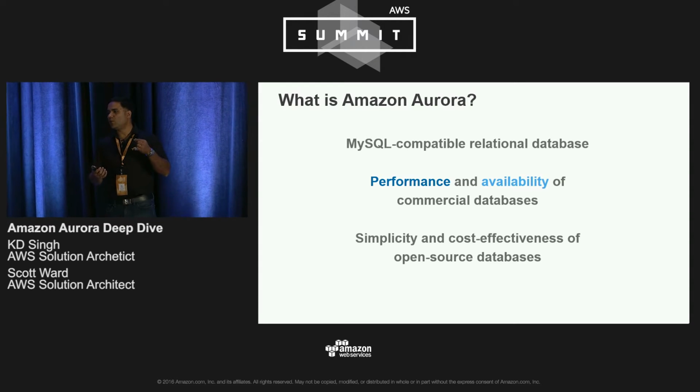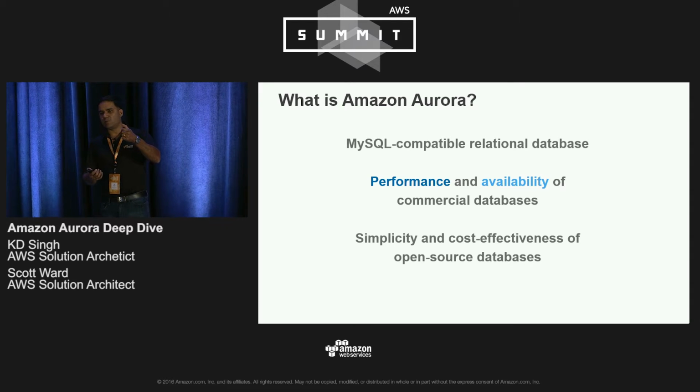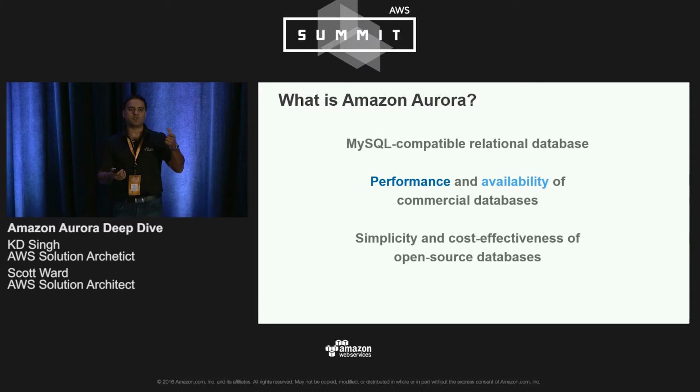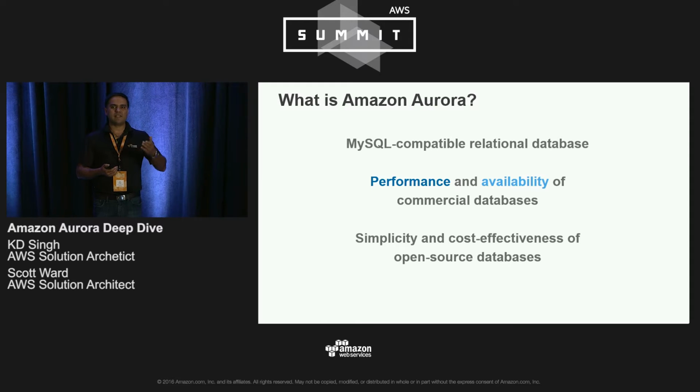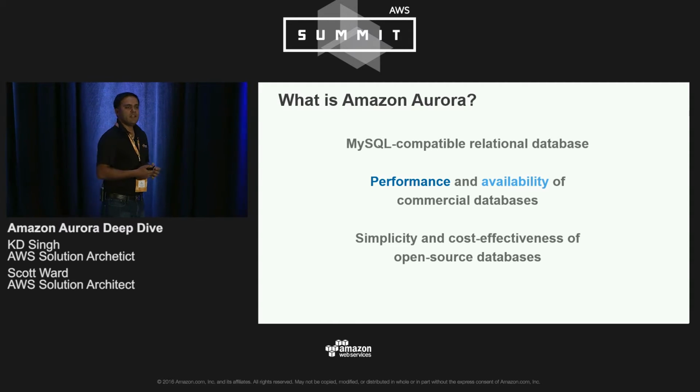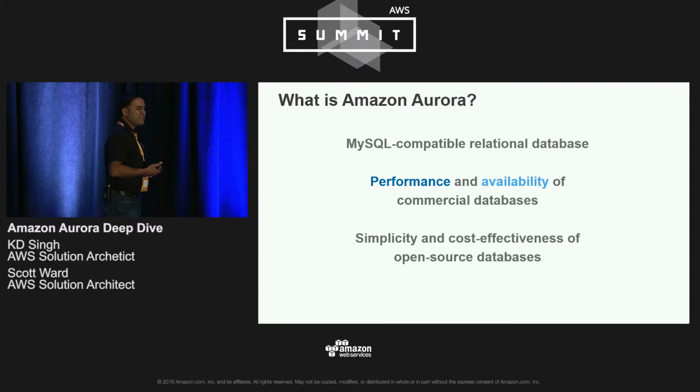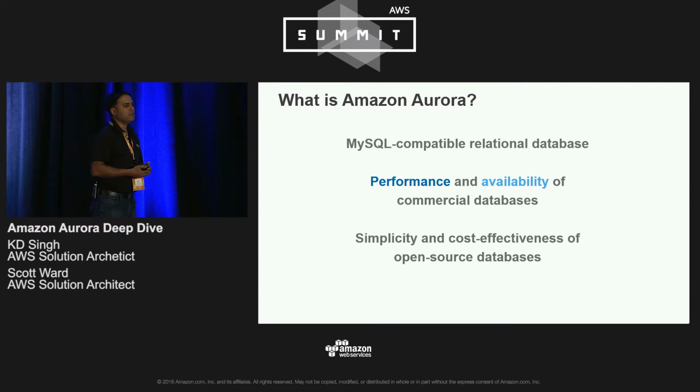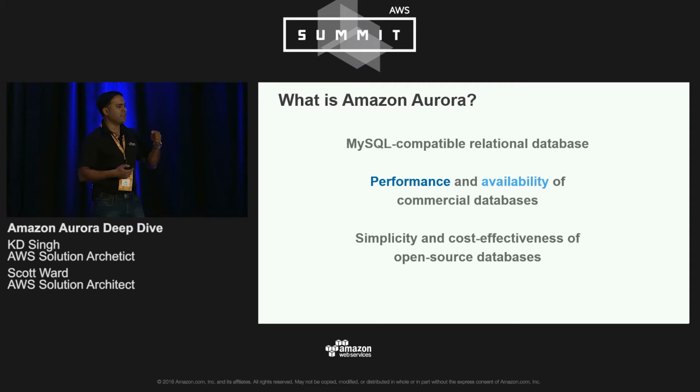What we did with Aurora was we took the caching layer, which is present in pretty much all commercial databases, and we took it outside the database tier itself. So even if your database has to restart for any reason, your cache would survive that. So you get instant crash recovery because of that.